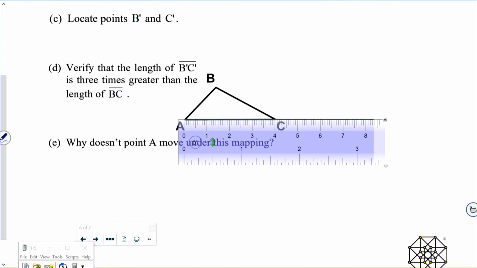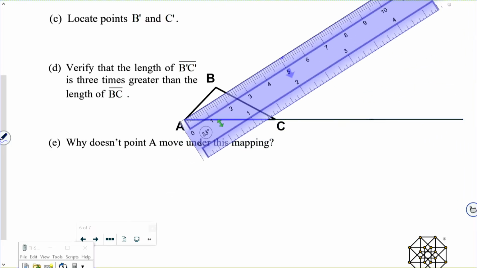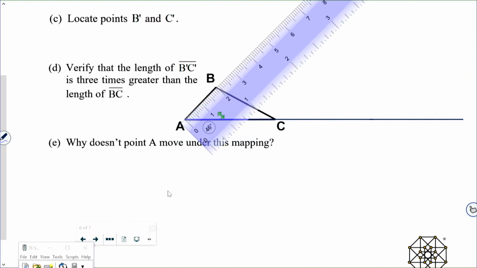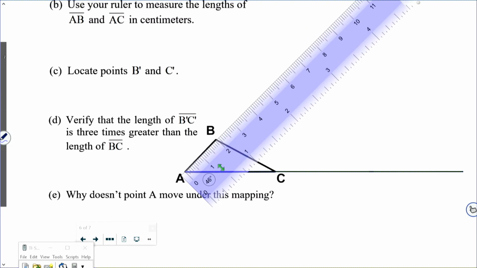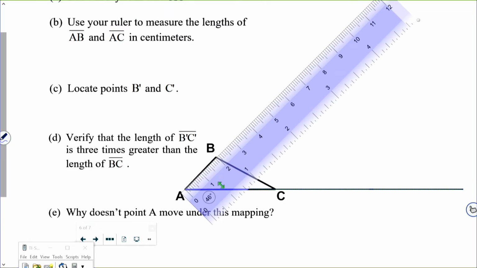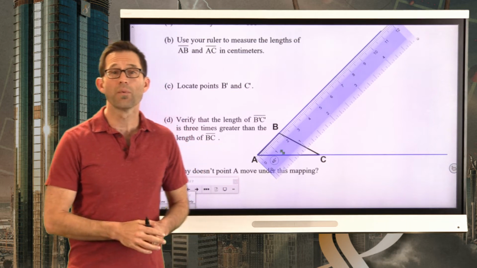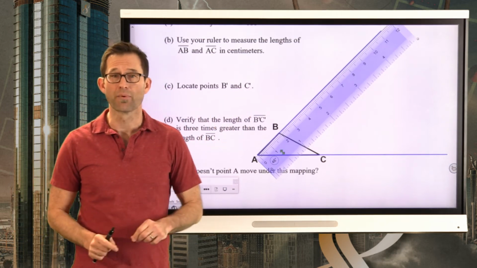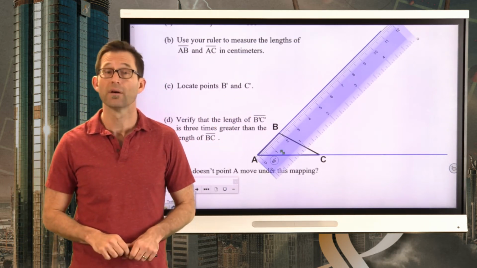Maybe I need to make this a little bit longer. Draw in ray AC. And let's draw in ray AB. Okay, great. Now what we want to do is we want to locate points B prime and C prime. Why don't you go ahead and do that on your own?